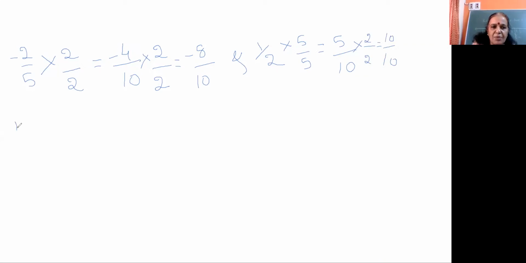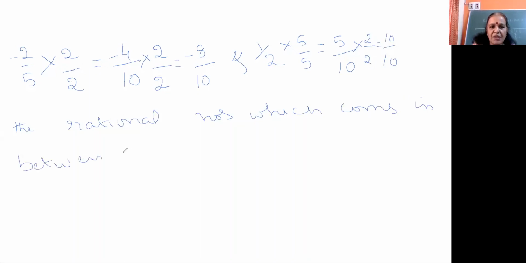Therefore, the rational numbers which come in between minus 2 by 5 and half: here 4 2s are 8 and 10 2s are 20, and here also 5 2s are 10 and 10 2s are 20.